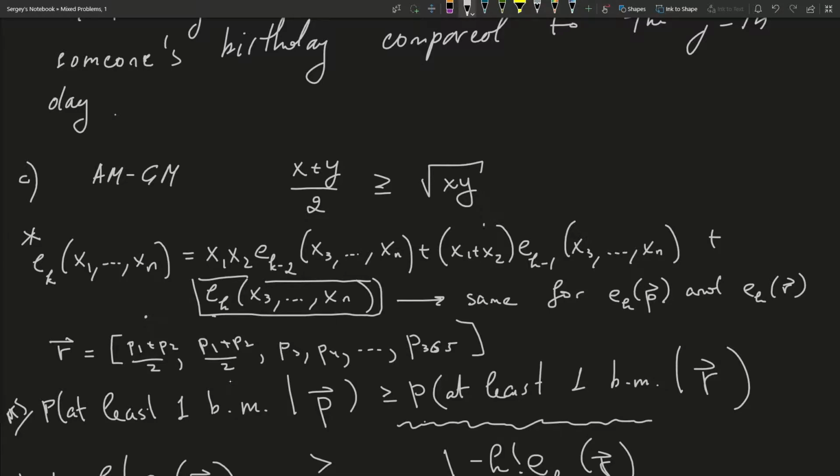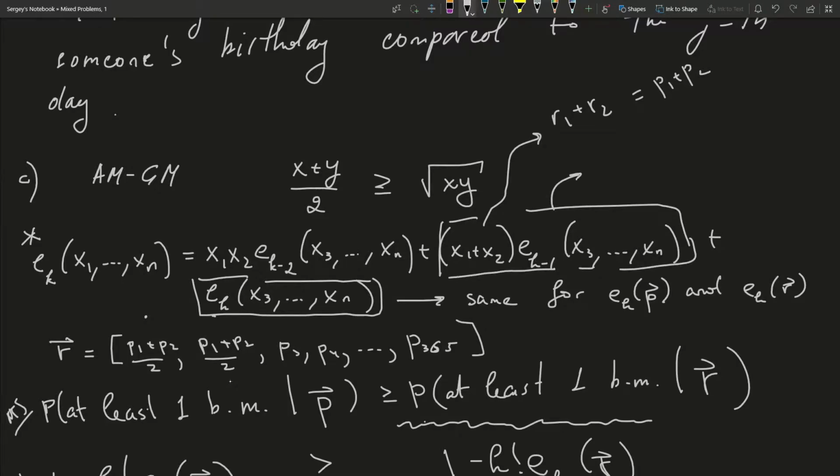Now, for this term here, notice that r1 plus r2 is the same as p1 plus p2, because r1 and r2 are the average of p1 and p2. And so this term here is also the same for the elementary symmetric polynomial in p and in r. So the two elementary symmetric polynomials only differ in this term here.